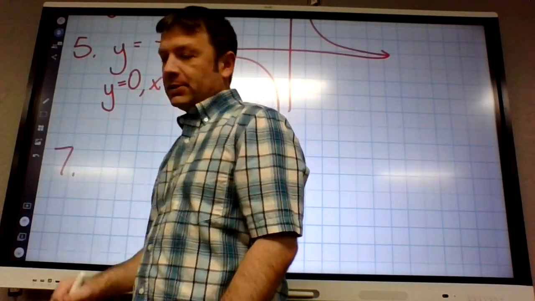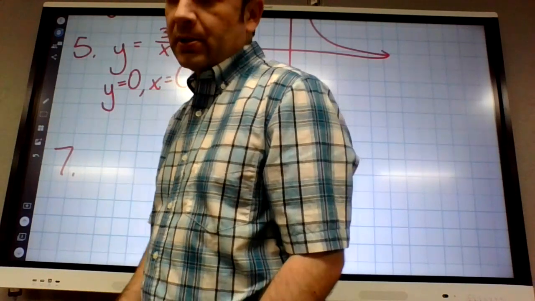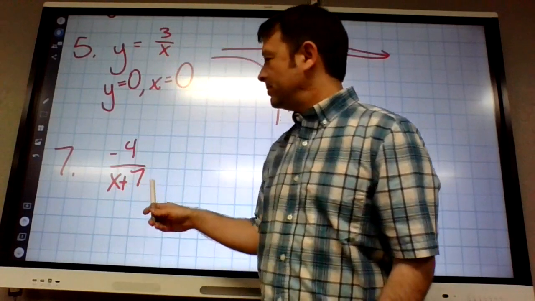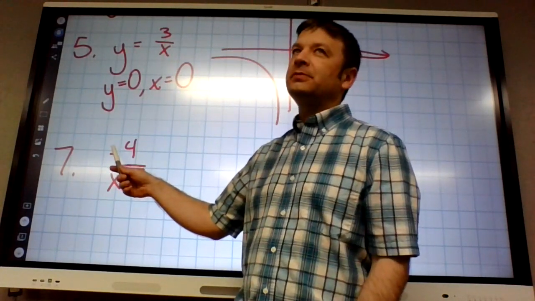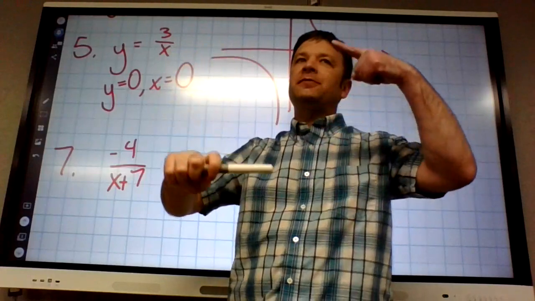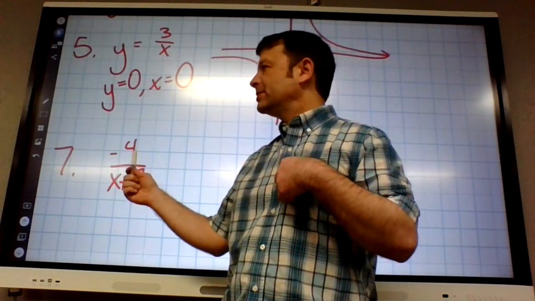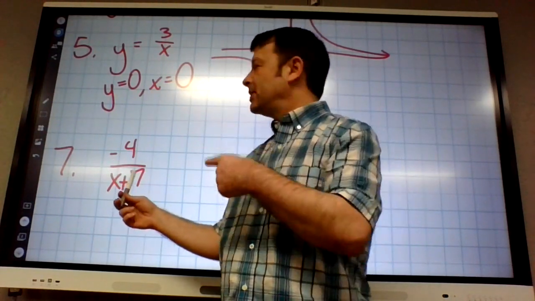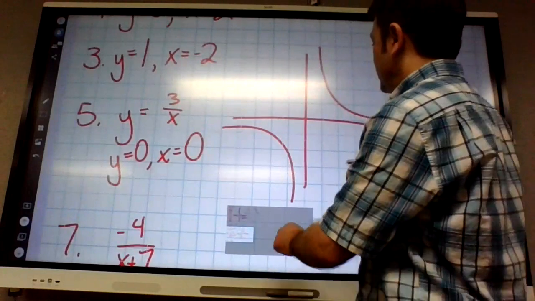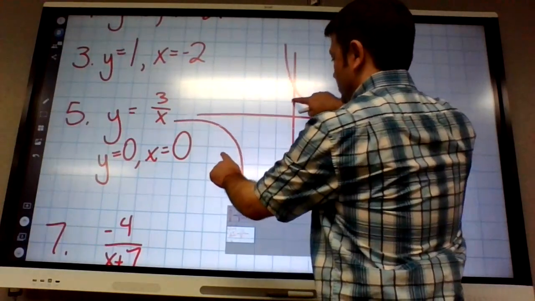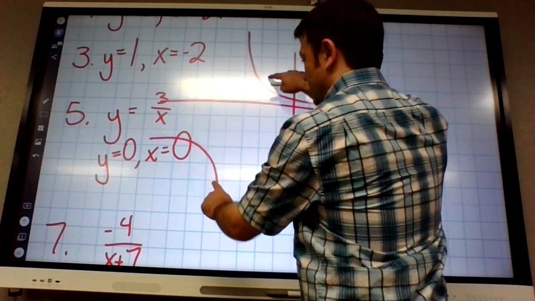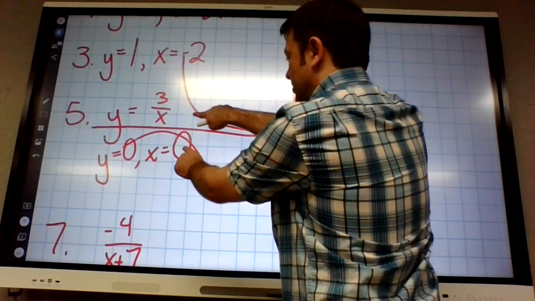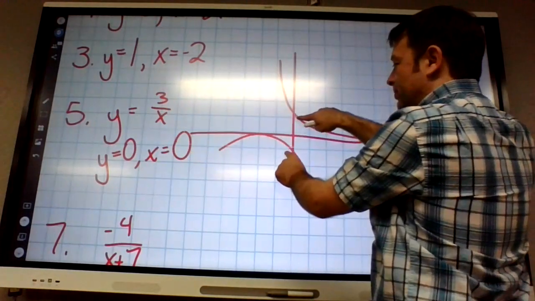Okay, number 7. This one has a -4, x over x plus 7. What's the negative do to the graph? Vertical flip. What's the 4 do? 4 times steeper. Plus 7. Left 7. So it would be kind of like this, but left 7, so it's like over here.